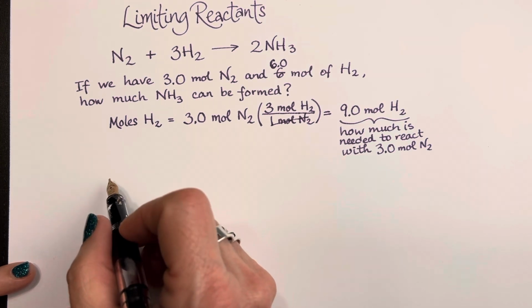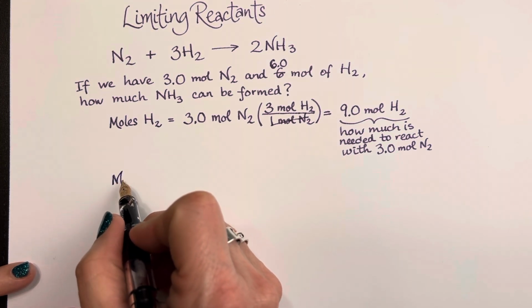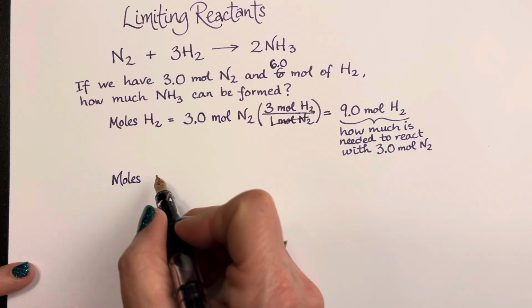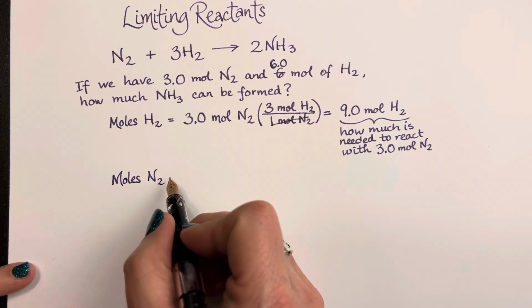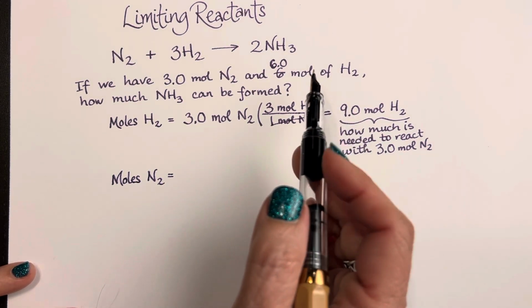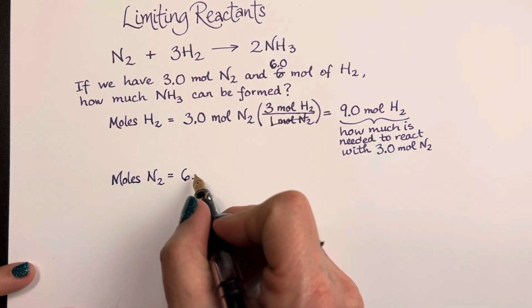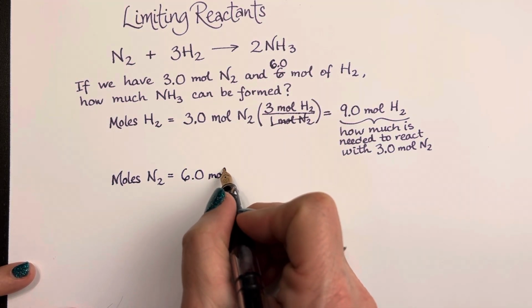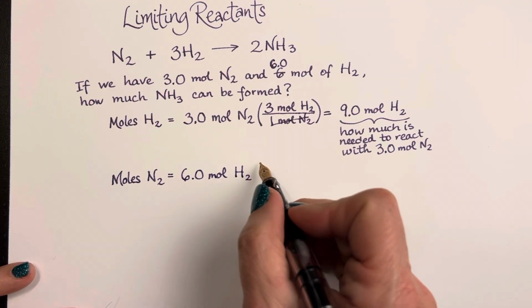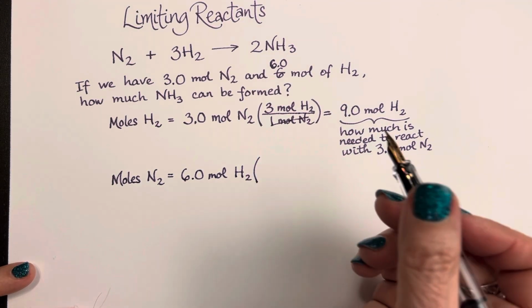So let's do it the other way and calculate moles of nitrogen. So we start with the 6 moles of hydrogen that we have, and we use that stoichiometric ratio.